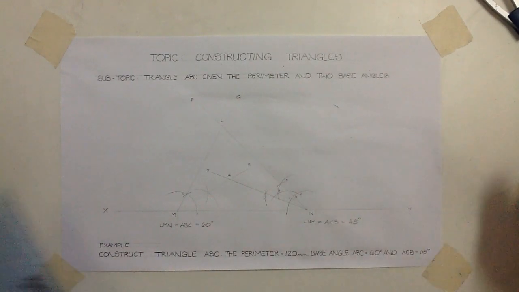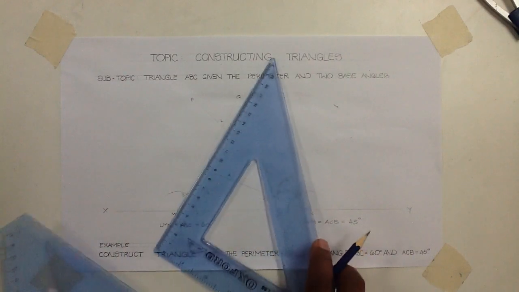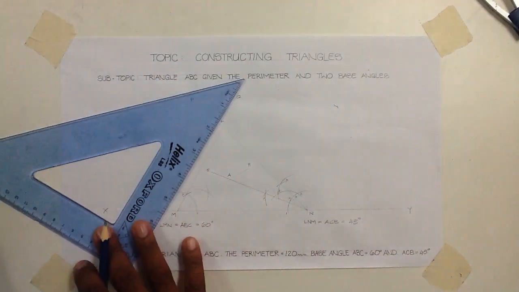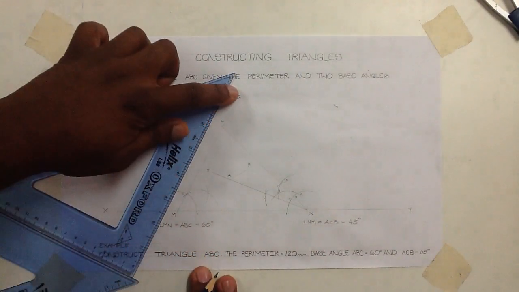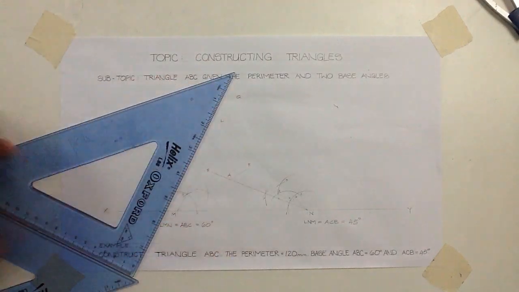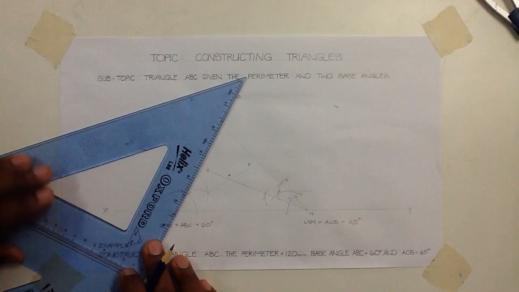We proceed by drawing parallel lines, and so we are going to draw a line parallel to line QM at point A. Alright, remember we are drawing them and we're not constructing them.